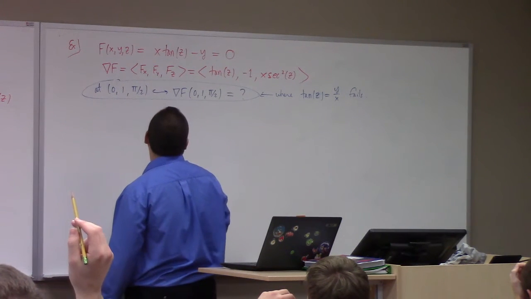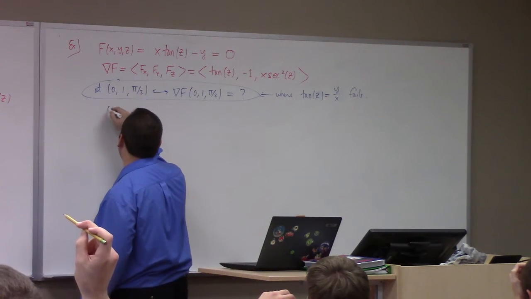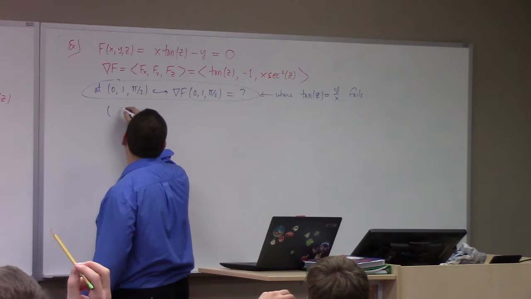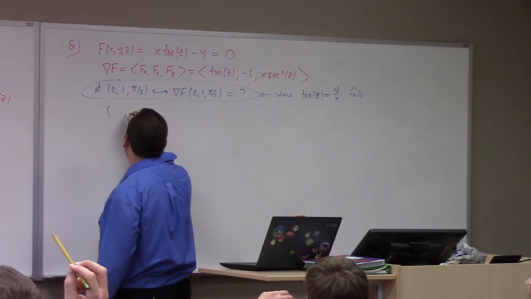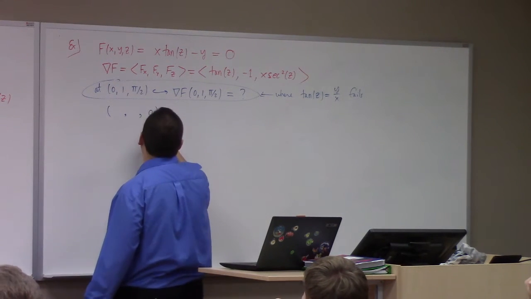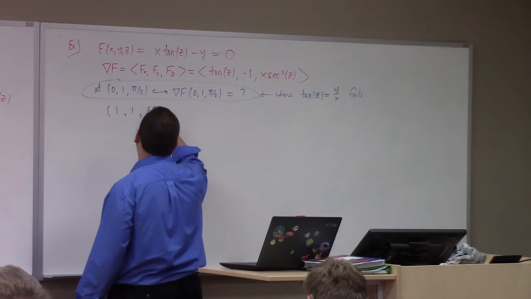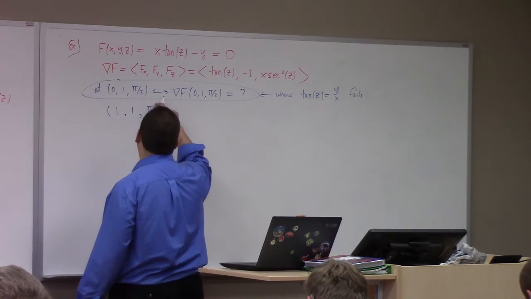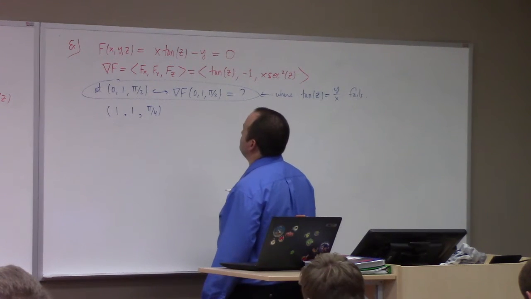Okay, so let's see. How about if I put in the point, I want to put z equal to 0. 1, 1, pi over 4. That's what you want? That's what I want, though. 1, 1, pi over 4.